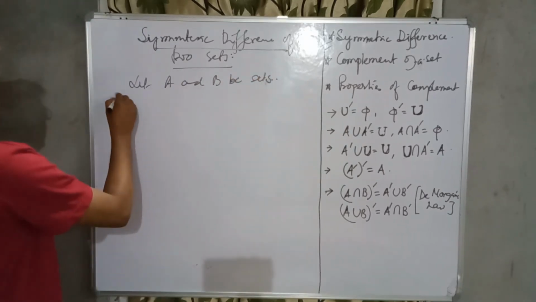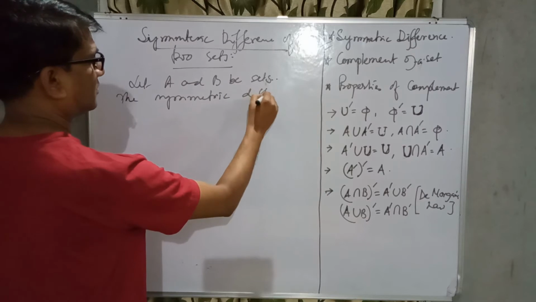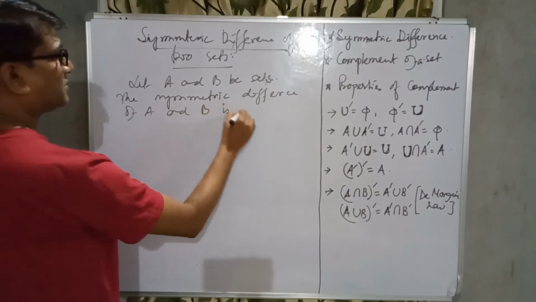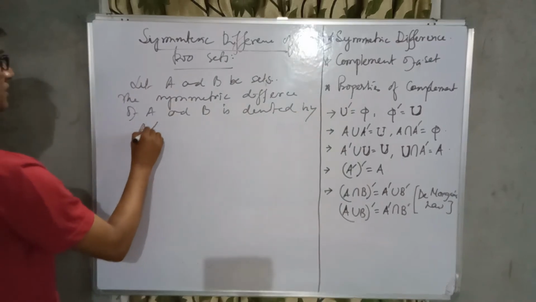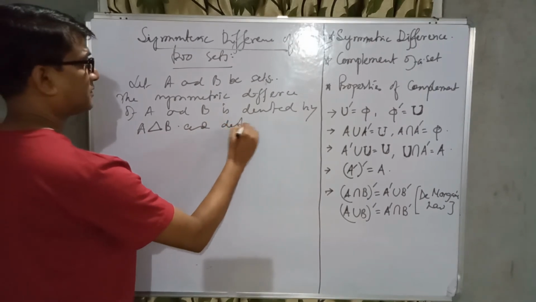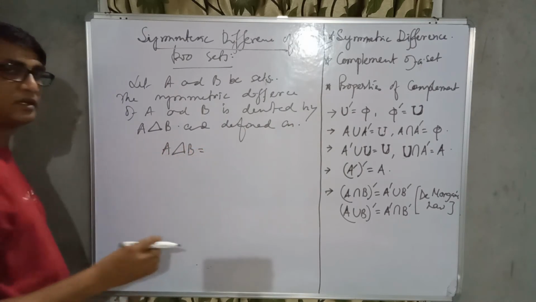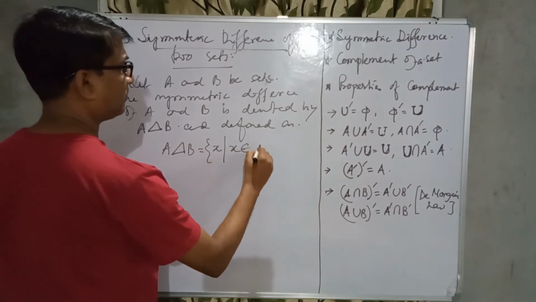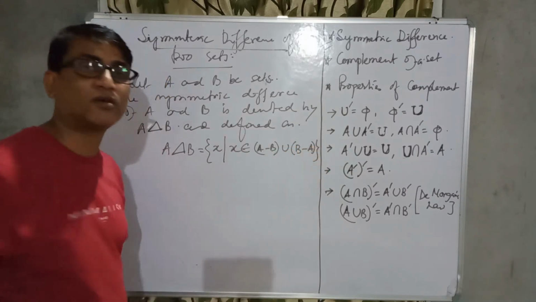The symmetric difference of A and B is denoted by A delta B, with capital delta, and defined as: A symmetric difference B is nothing but the set of x such that x belongs to A minus B union B minus A. That is called the symmetric difference.